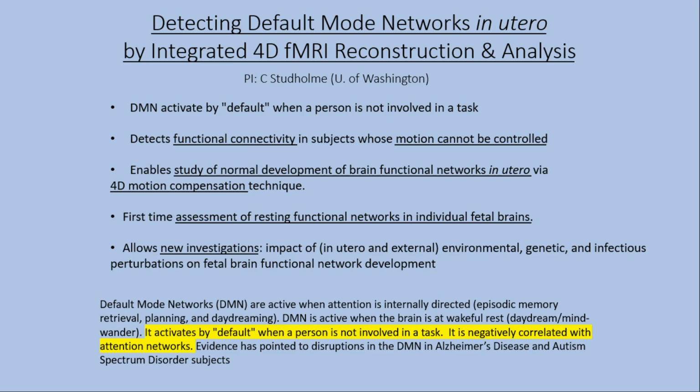And what this will allow is, of course, it'll allow study of adult diseases, because once you know the default mode networks, when they're kicking in or not, you often find problems in autism and Alzheimer's disease. But in utero, it helps you look at the developing brain. And you can also tell how the brain is being affected by external disturbances like the environment, or even mothers and nutrition, genetics, and other infectious diseases.